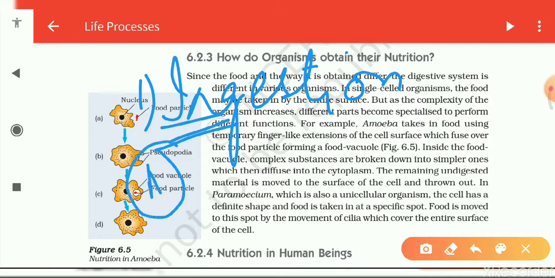Second one is absorption. According to the name, absorption is the process in which digested food passes through the intestinal wall into the bloodstream. Okay, it's called absorption. It means when your food is completely digested, and with the help of the villi, the nutrients go inside the bloodstream, that process is called absorption.